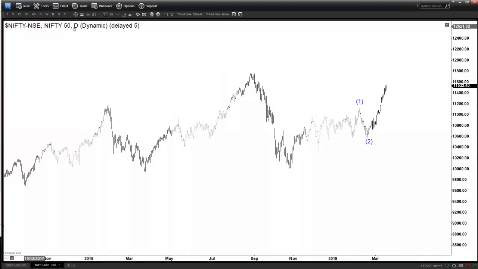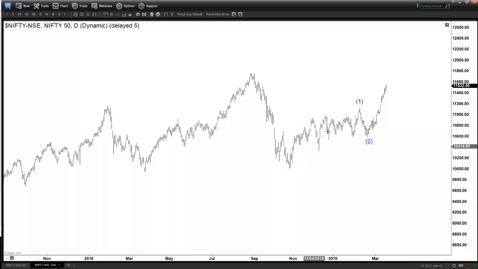And over here we can see in the daily, okay, after we bottom last year, and this happens not just on the Nifty but all the global indices, they all made a bottom at the end of last year, more or less, right? Nifty bottomed earlier than the other indices, like the US indices that bottomed around the end of December. Nifty bottomed in late October 2018.